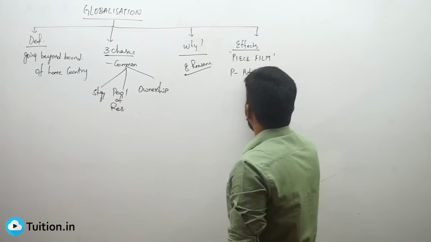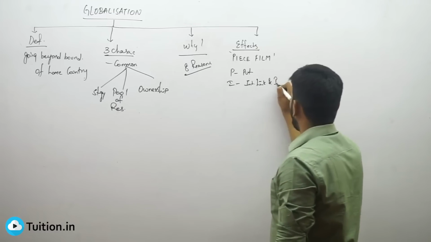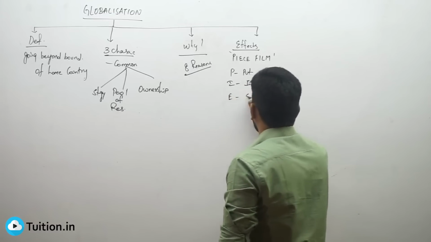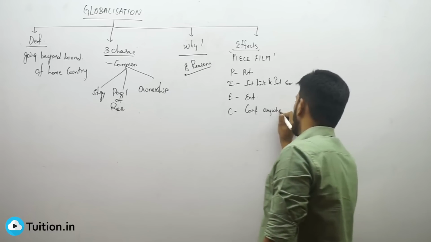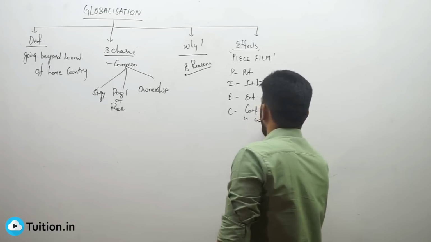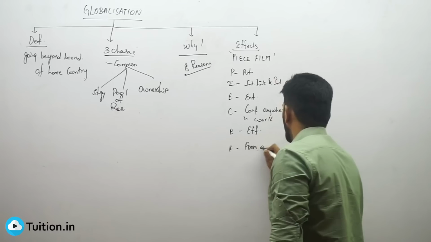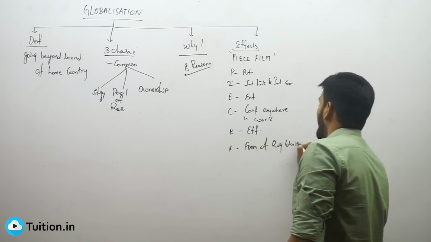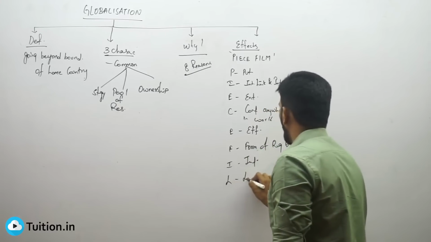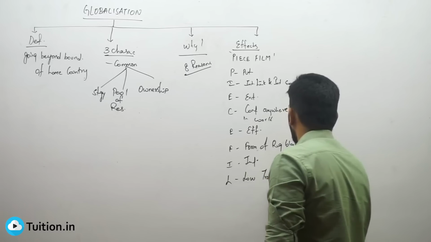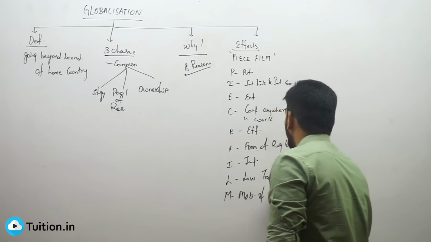P for privatization, I for interlinked and interdependent economies, E for entrepreneurship, and C for configuring anywhere in the world, and E for efficiency, and F for formation of regional blocks, I for infrastructure, then L for lower trade and tariff barriers, and M lastly for mobility of skilled resources.